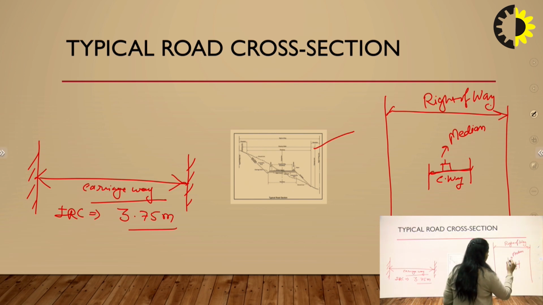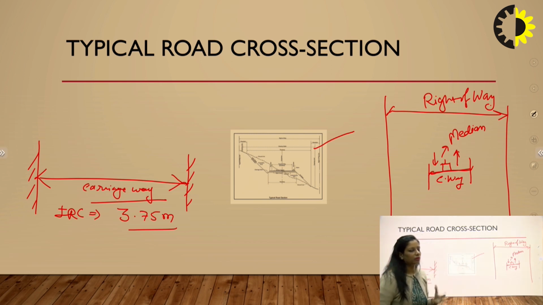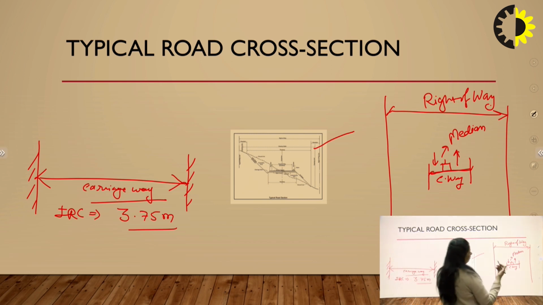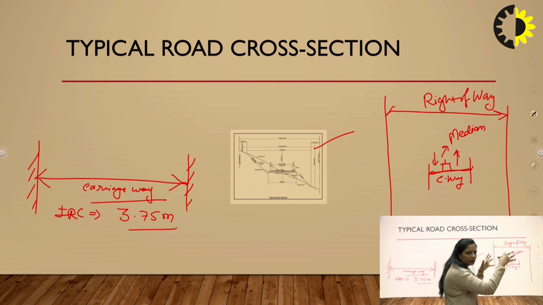Let us suppose this is two-way traffic, a two-lane roadway. Besides the median, there must be some extra space. Let us suppose there is an embankment where some excavations were done and after that this particular way was constructed.